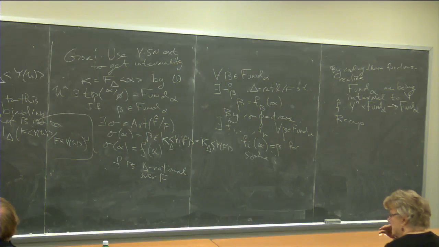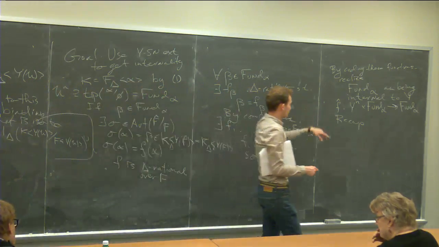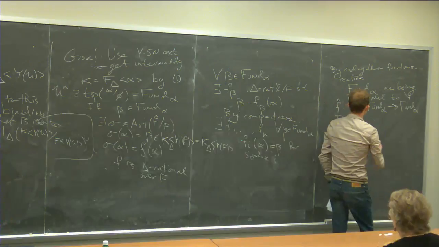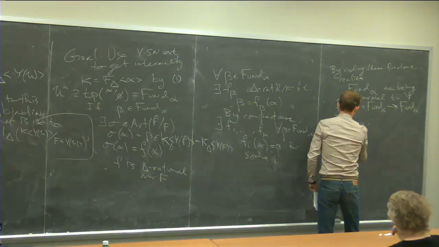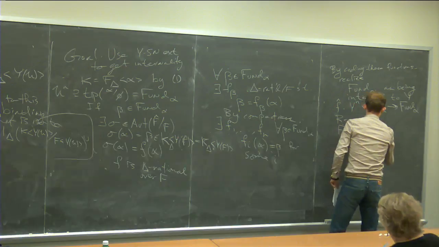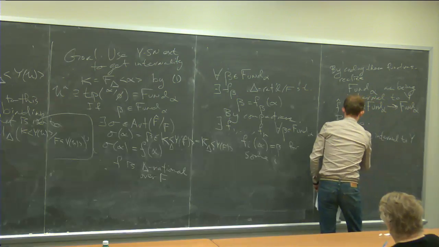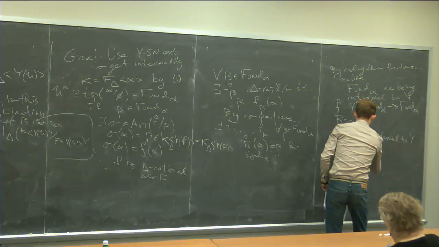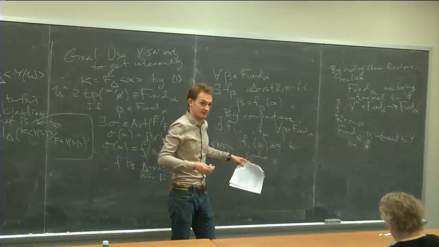And finally, the reason that we could get off the ground was because we're looking at the type of some finite tuple alpha, which generates our set in the first place. So, putting this all together, we conclude that fund alpha is internal to y via f hat. And then this gives us a binding group.